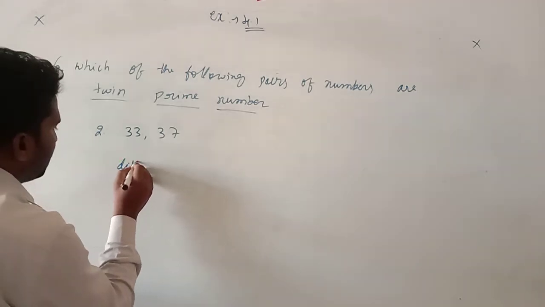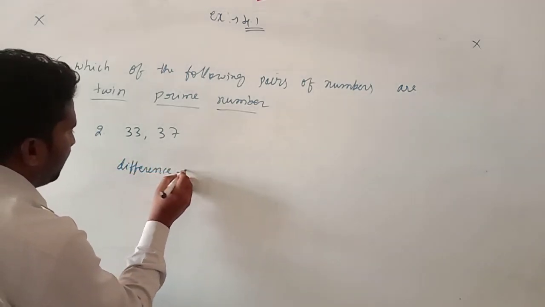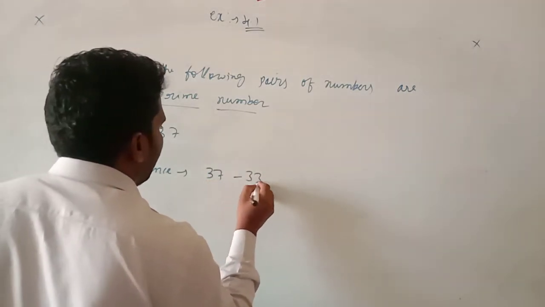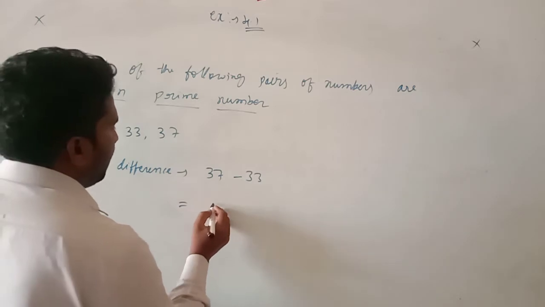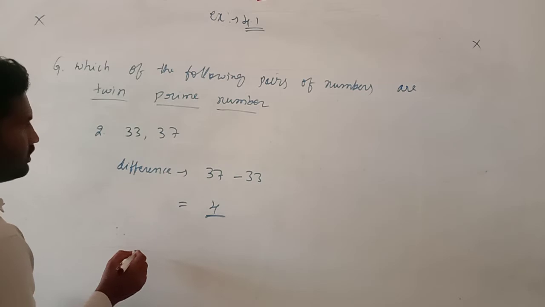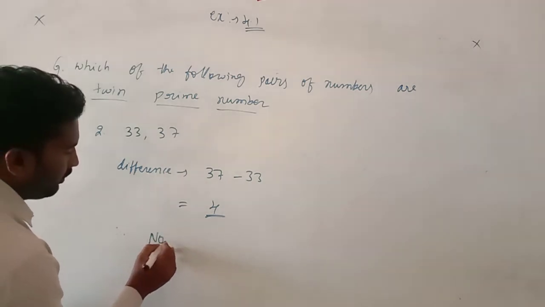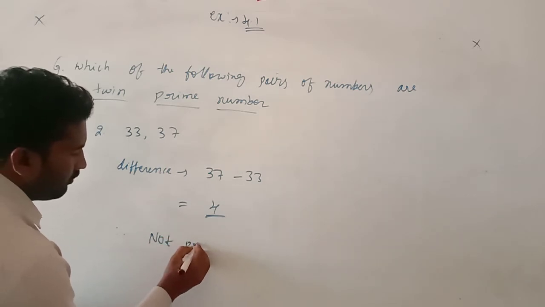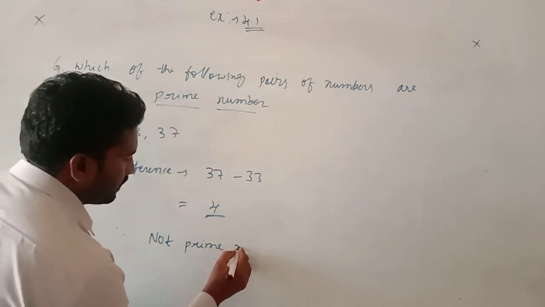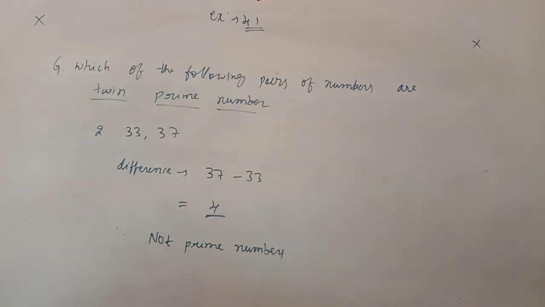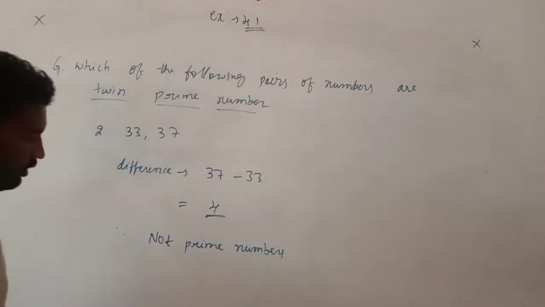When subtracting 33 from 37, we get 4. So these 33 and 37 are not twin primes.